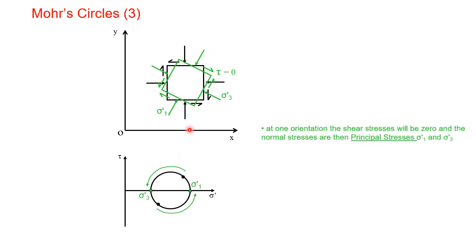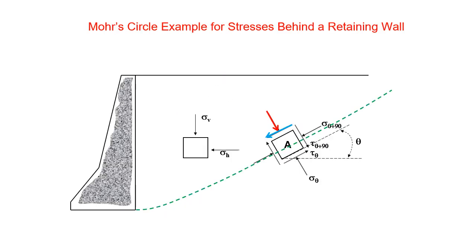There will be one specific rotation like this, where the stresses will be principal stresses and the shear stresses here and here will be zero. The major principal stress and the minor principal stress. Okay, I hope that is all revision.